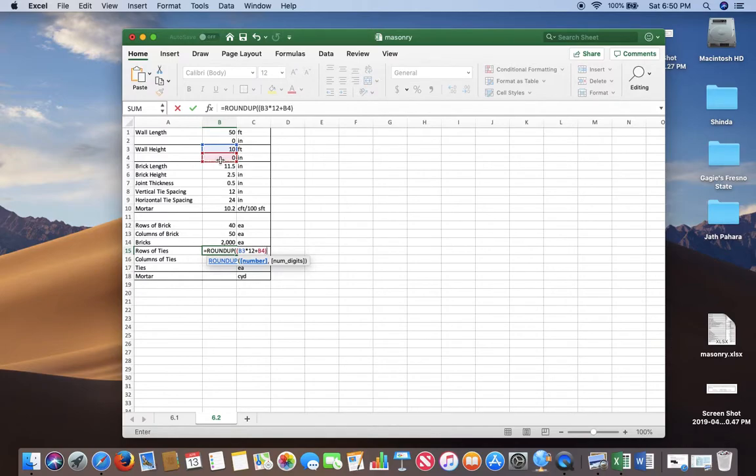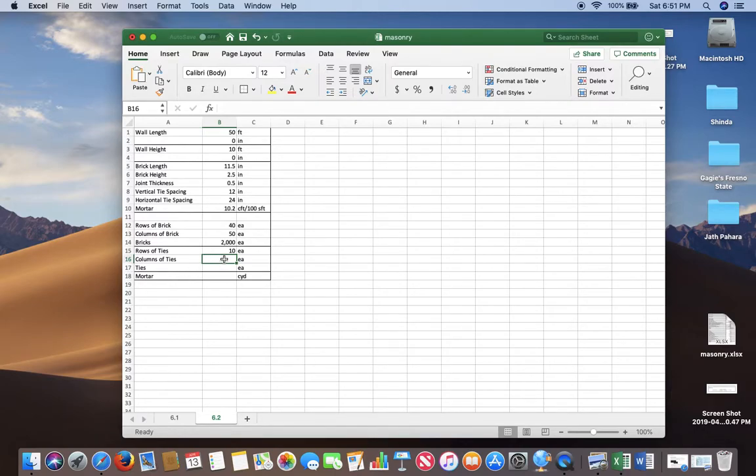Close this parenthesis. Divide that by B8, which is our vertical tie space. Oh, sorry. And close parentheses, enter. So we should have 10 for that one.